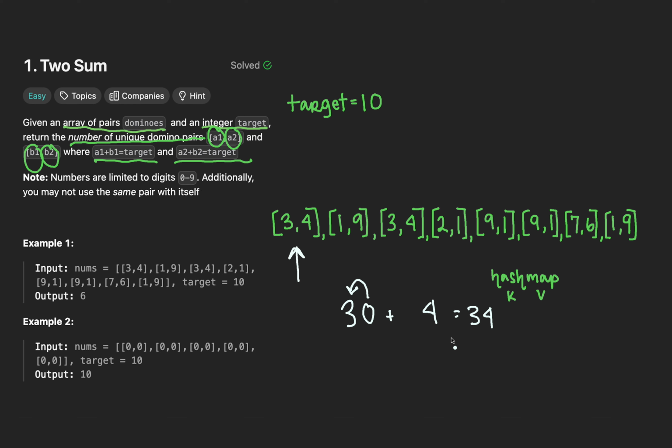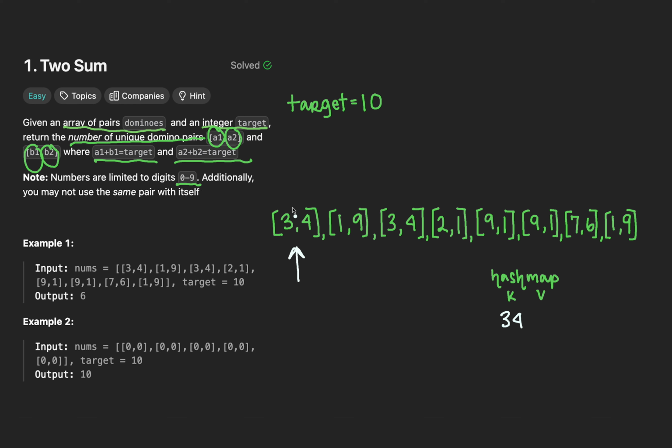That way we can just add the 4 in order to get our desired 34. Fantastic. Just a note, multiplying by 10 may sound random, but this works because we're only given the digits 0 through 9. Now we need to figure out what the value of the map is reserved for.